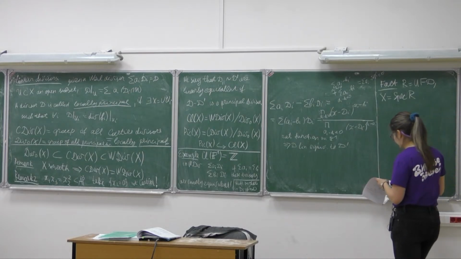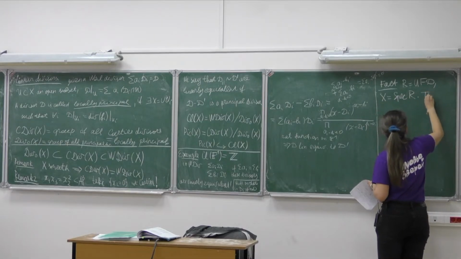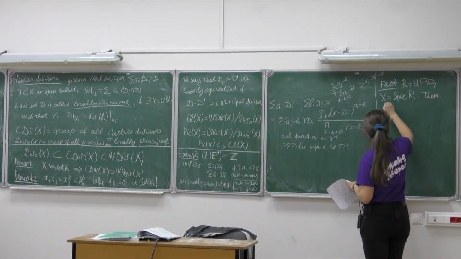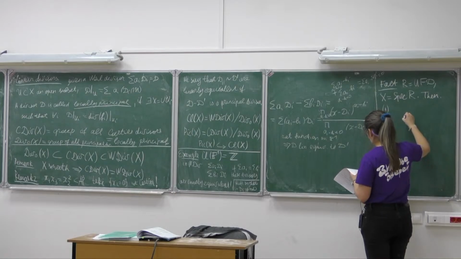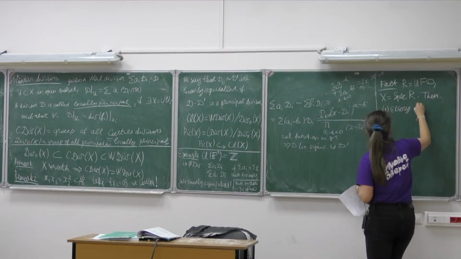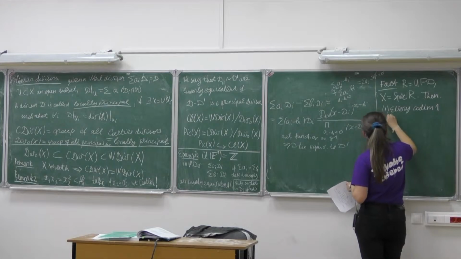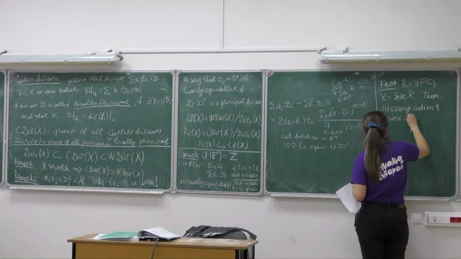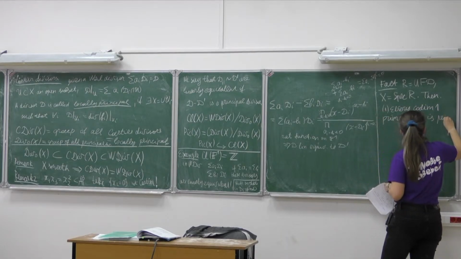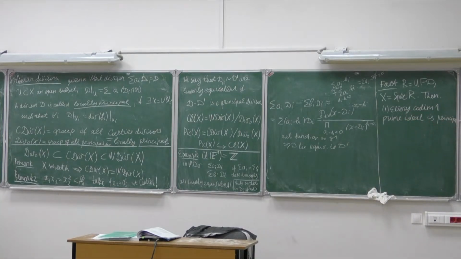Then first of all, every codimension 1 prime ideal is principal. If you know all these words, you can easily prove this.